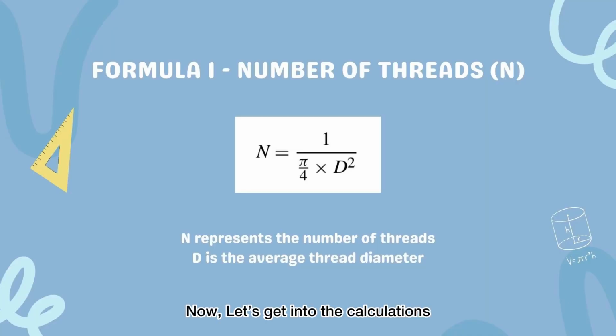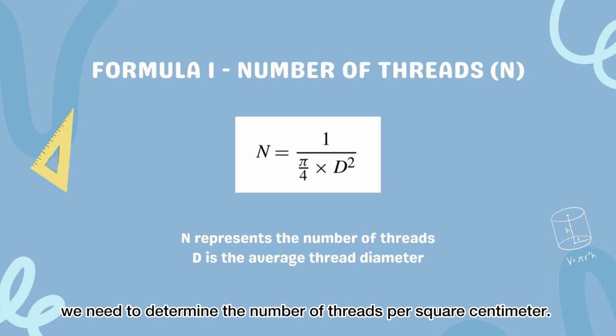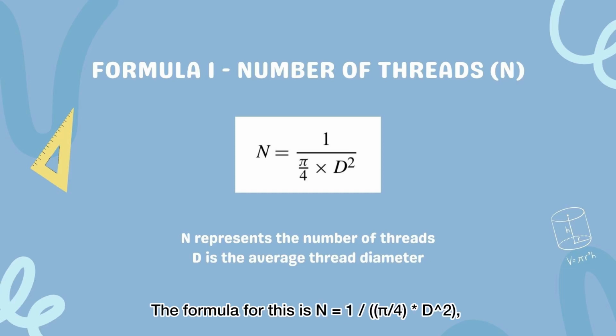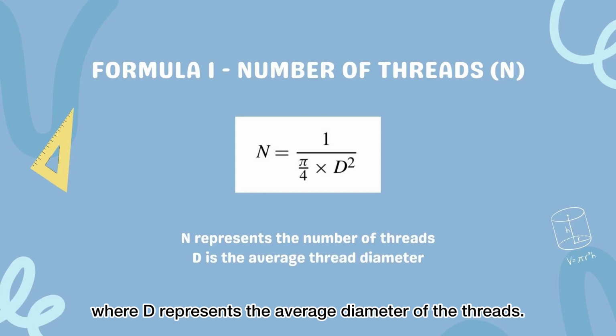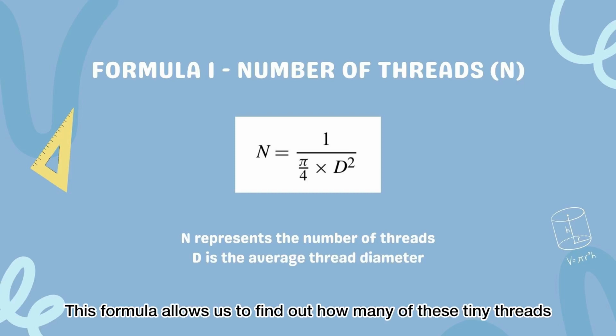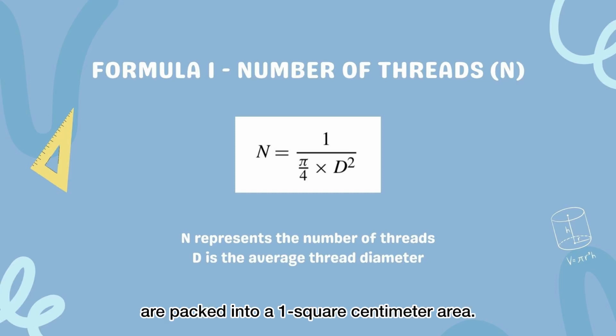Now let's get into the calculation. To estimate the force generated by the surface tension, we need to determine the number of threads per square centimeter. The formula for this is n equals 1 divided by (pi divided by 4, multiplied by d squared), where d represents the average diameter of threads. This formula allows us to find out how many of these tiny threads are packed into a 1 square centimeter area.